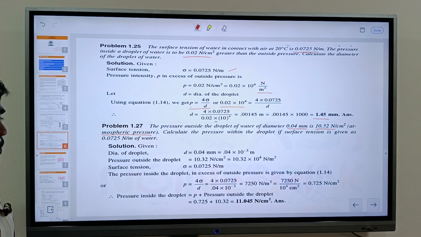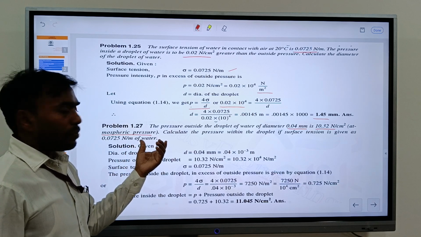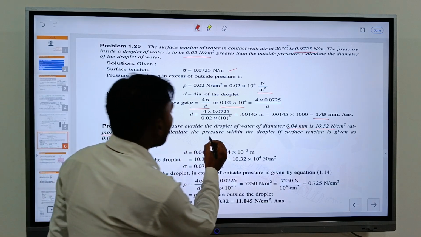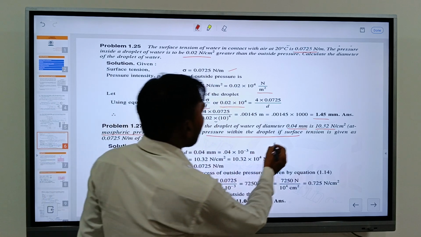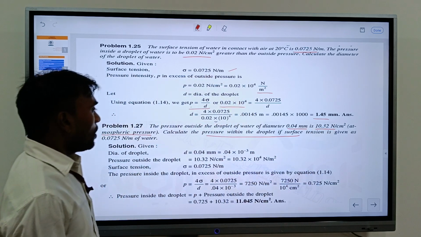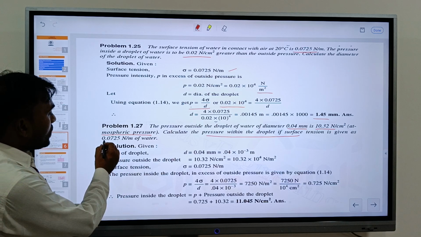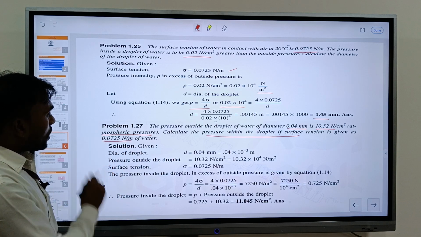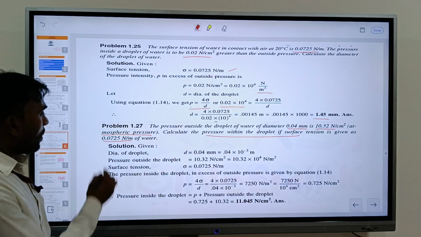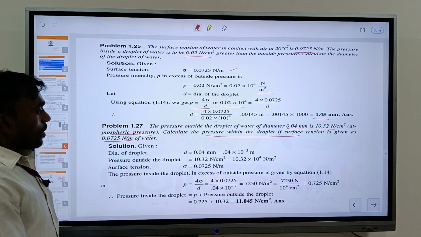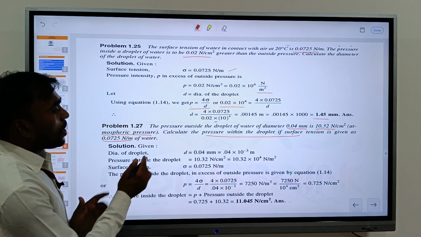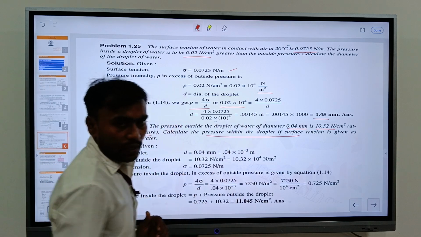Now what is the required data to be calculated? The pressure within the droplet if the surface tension is given. The surface tension value is already given here, 0.0725 Newton per meter of water. So finally we have to calculate the pressure within the droplet.